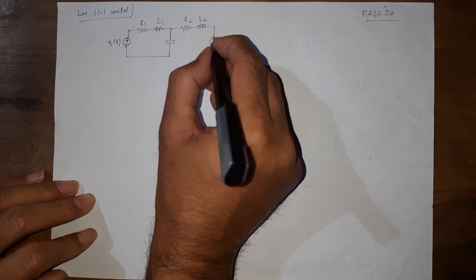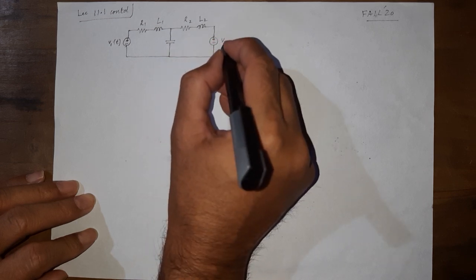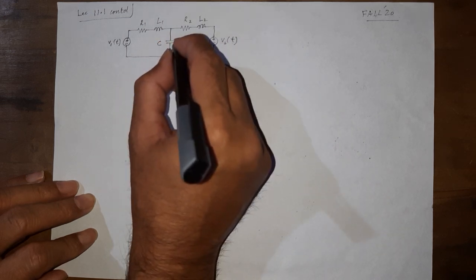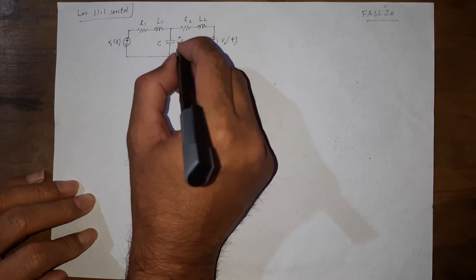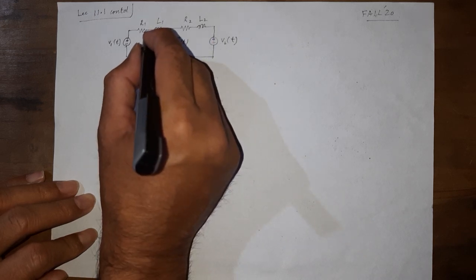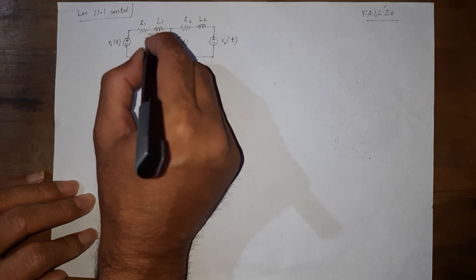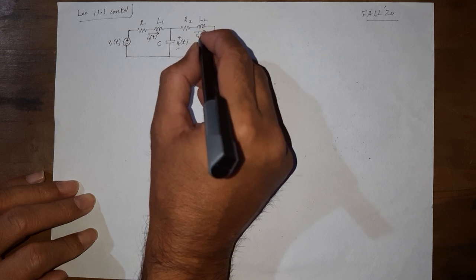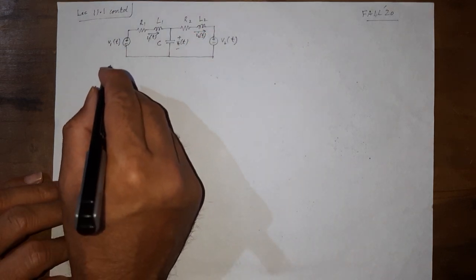And now I am not only interested in the steady state analysis, but instead in the complete response. So when this is the case, I am also concerned about these currents. Let us say this is I1(t) and I2(t). Why? Because of the initial condition.